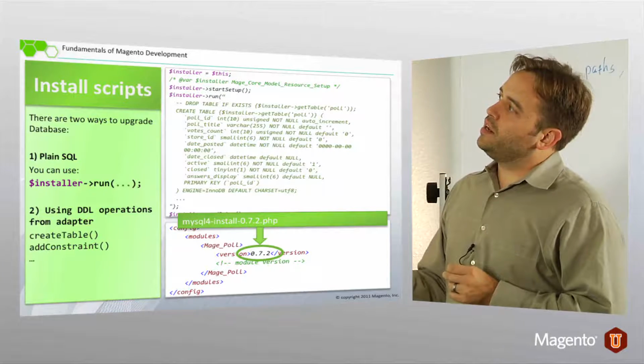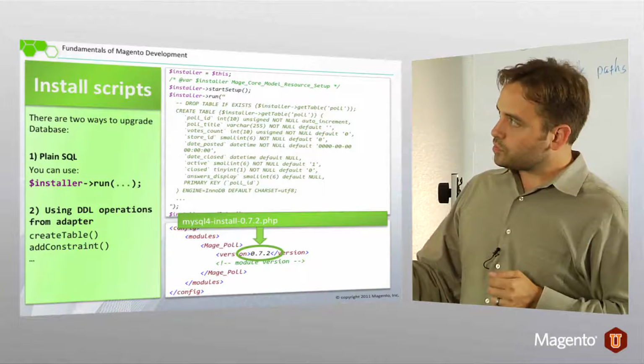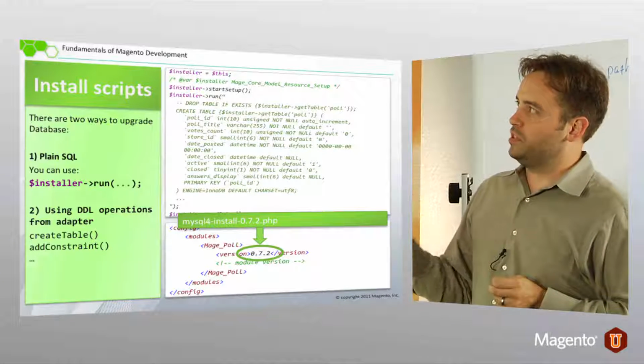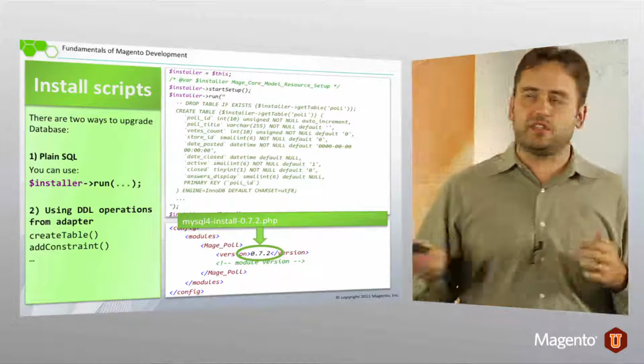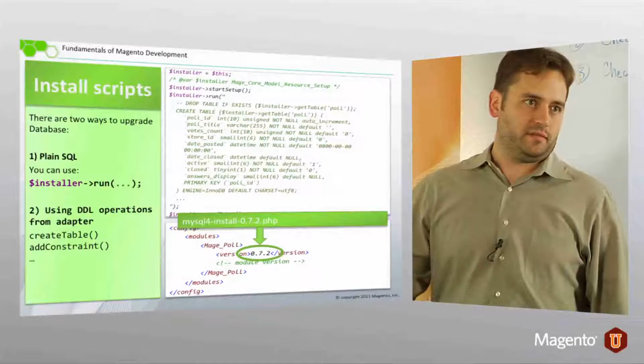In here we use our curly braces. We use installer get table poll in this example. What this does is get the table value from the configuration for the poll entity.